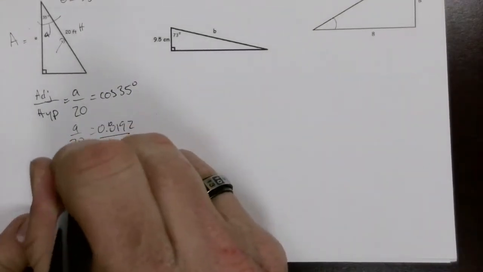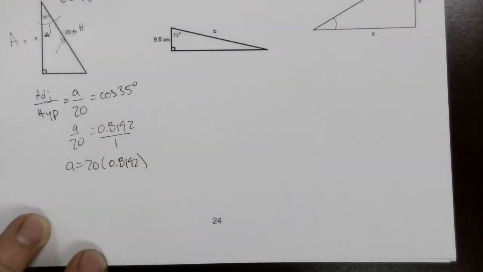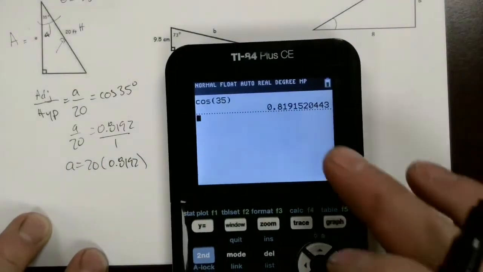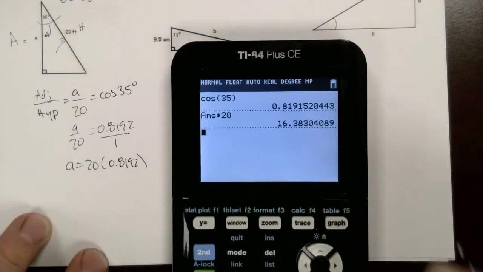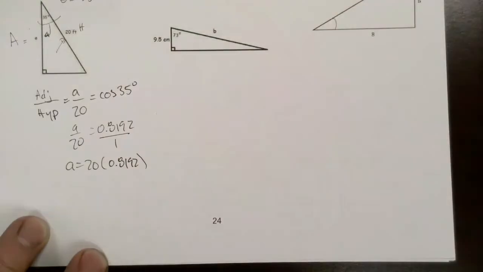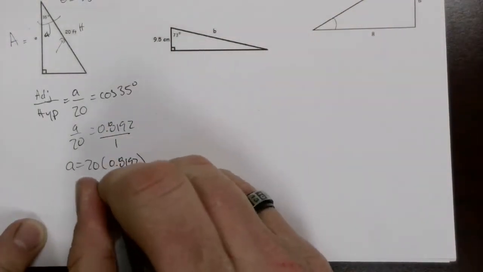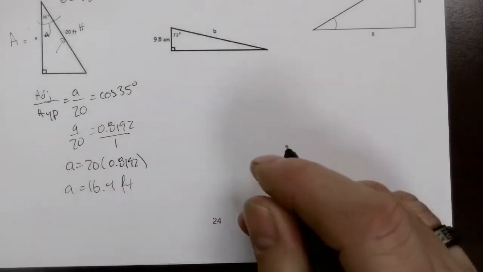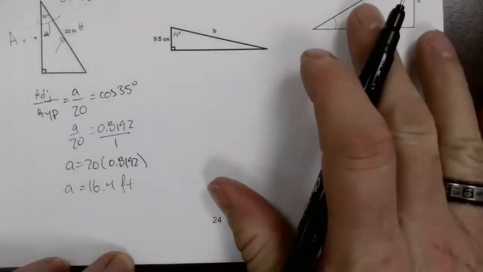A times 1 is a, and this will be 20 times 0.8192. When I actually do the calculation, I'm going to leave that number in there, multiplied by 20. To the nearest tenth, I will get 16.4 feet. And feet, because I saw that it was 20 feet there.